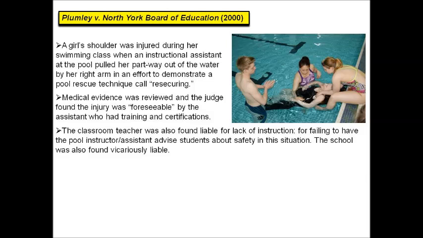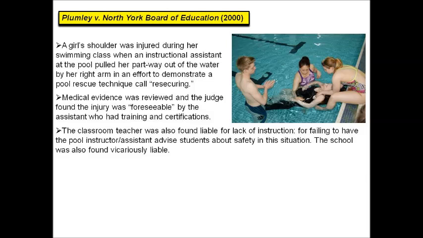This was the case here, right? You had a swimming instructor who pulled one of the students out of the pool and injured her in the process, right? Injured her shoulder. But the classroom teacher was also found liable in this case for lack of instruction.